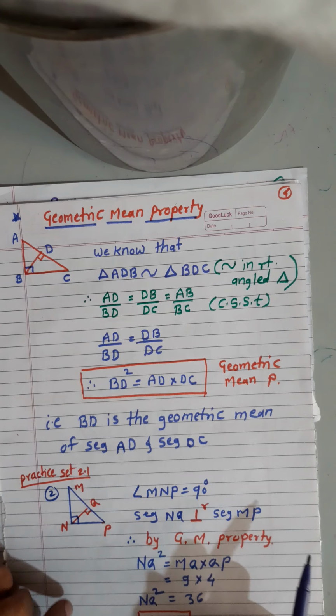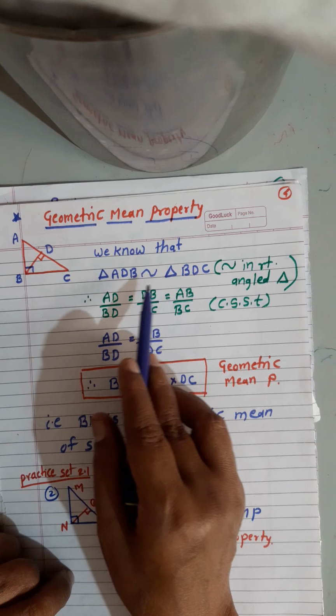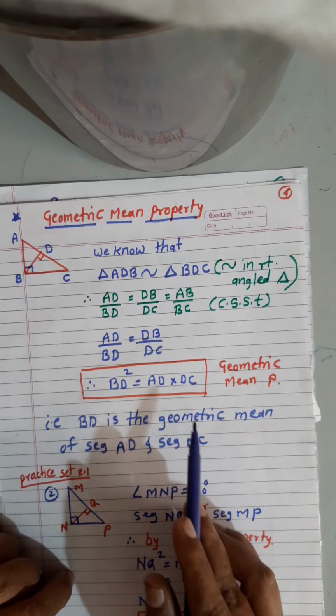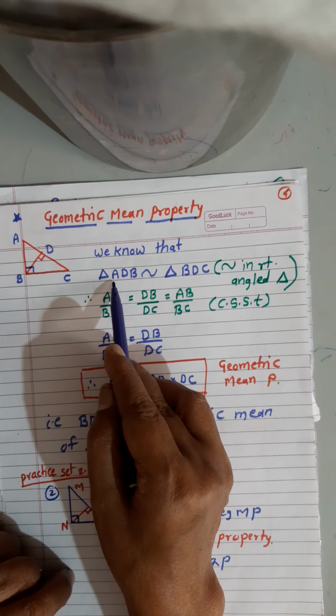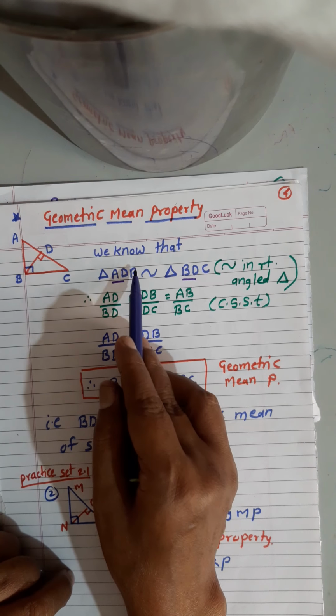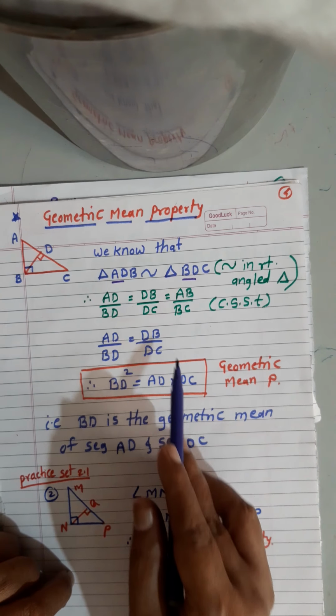Now see, we know that if two triangles are similar, the ratios of the corresponding sides are equal. Therefore, AD upon BD equals DB upon DC equals AB upon BC.